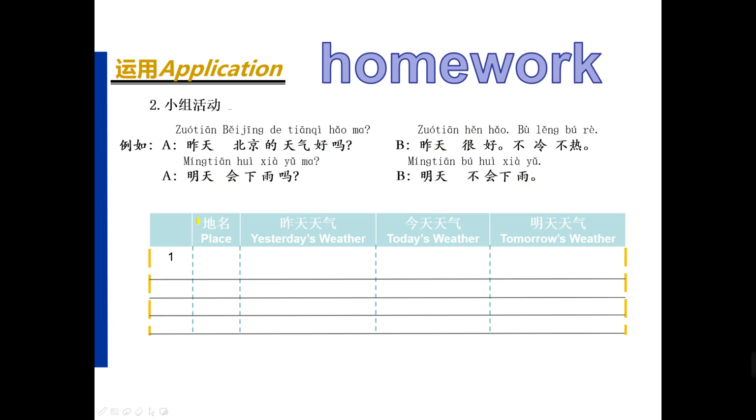So for here, please try to find a place you know to fill in this blank. And you can also send the voice messages to me. You can use this sentence structure to ask 昨天的天气, yesterday's weather, 今天的天气, today's weather, or tomorrow's weather, 明天的天气, to practice this dialogue.